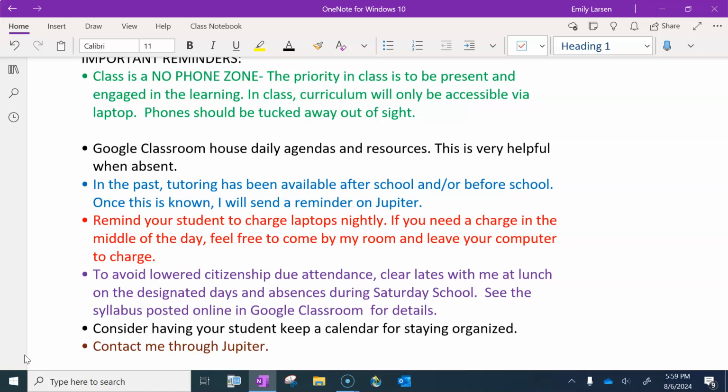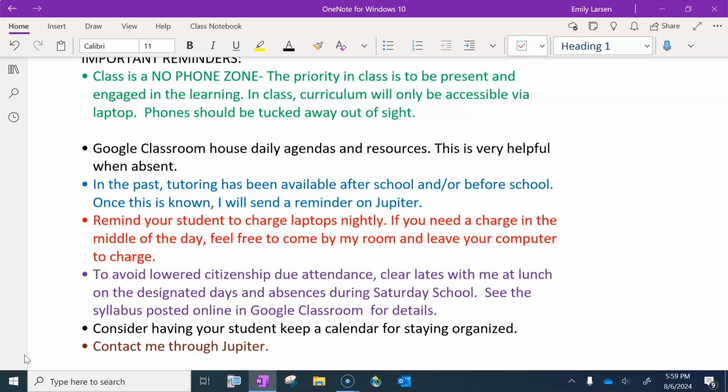To avoid lowered citizenship due to attendance, clear lates with me at lunch on the designated days and absences during Saturday school. Lates can only be cleared with me, so they need to plan it out and let me know when they plan on coming for lunch, and I can clear the tardy as if they were never tardy.